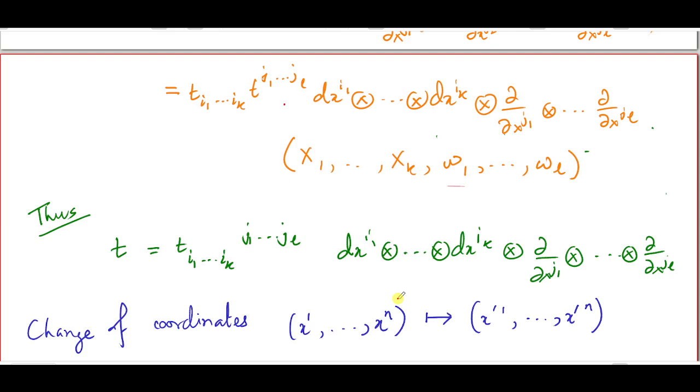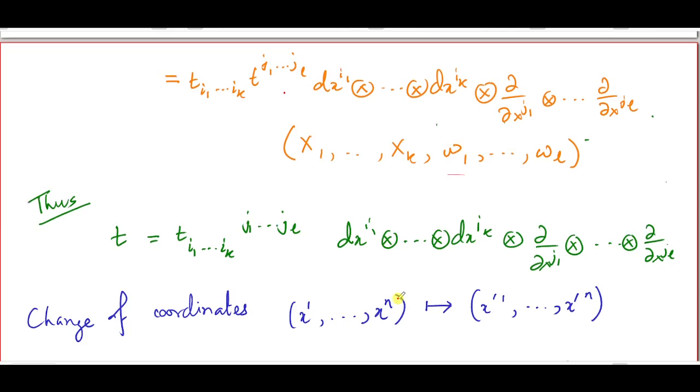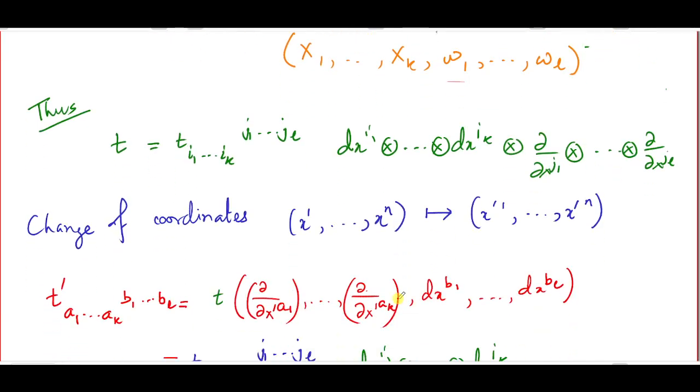U intersection U prime is non-empty. In that region, you can use both sets of coordinates, the unprimed ones and the primed ones, and now it is a legitimate question to ask, how do the component functions change if you were to change your coordinates? And the answer follows directly from what we have just said.